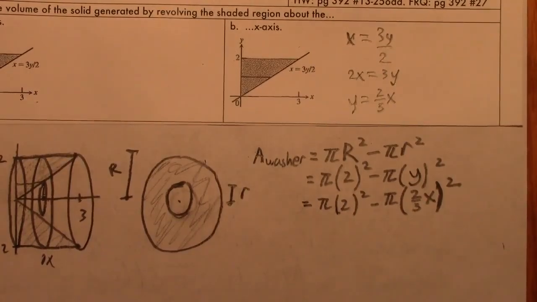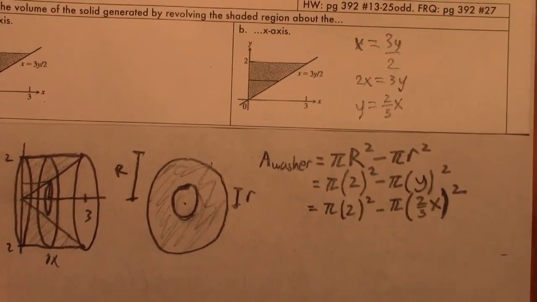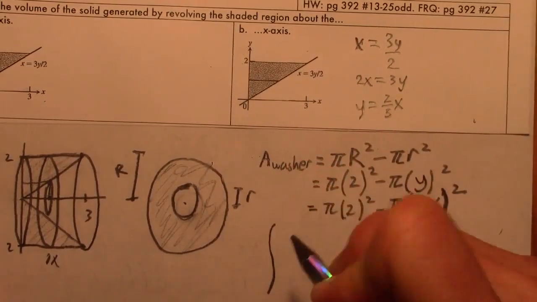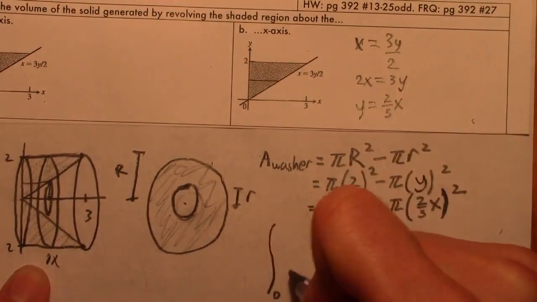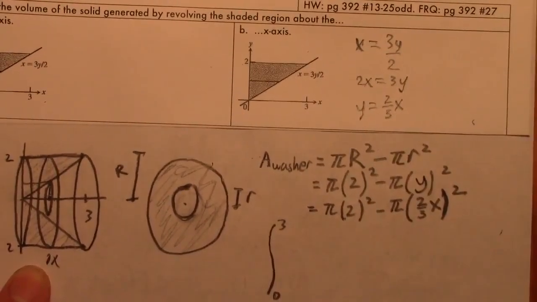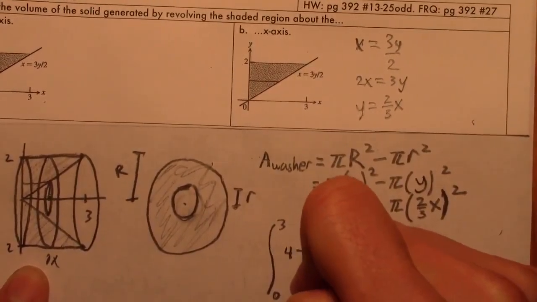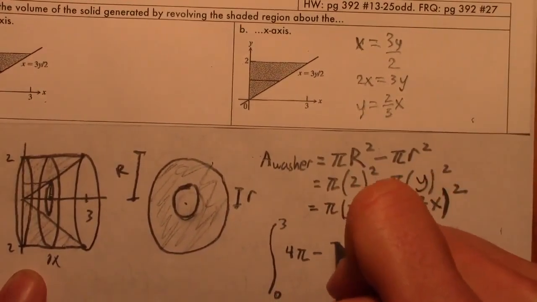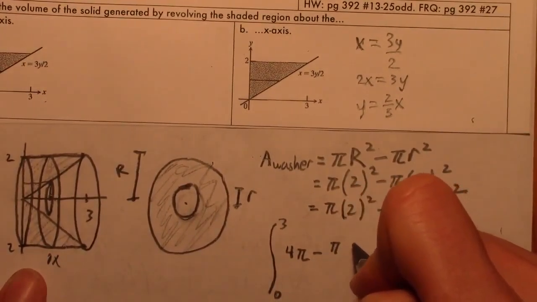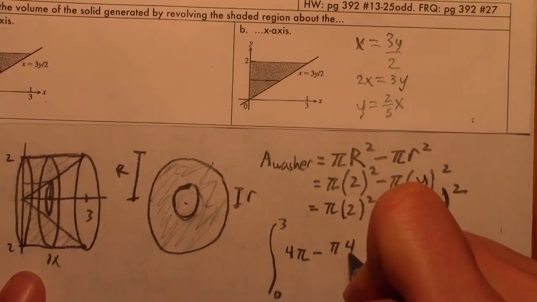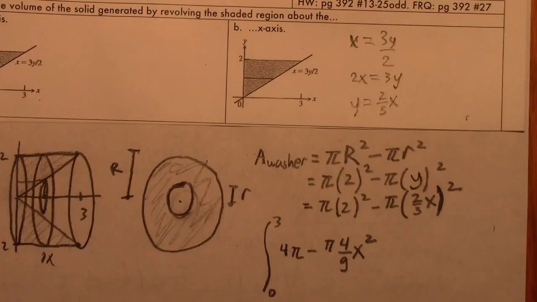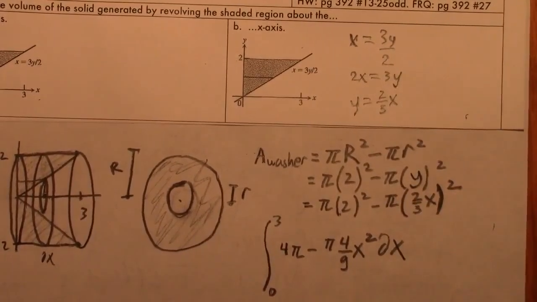So like we've been doing before, now that we have this formula, we're going to take the integral, and we're doing dx slices, so we have to go from 0 to 3, and then 4 pi minus pi, I guess I can simplify this, 4/9 x squared, and then these are dx slices.